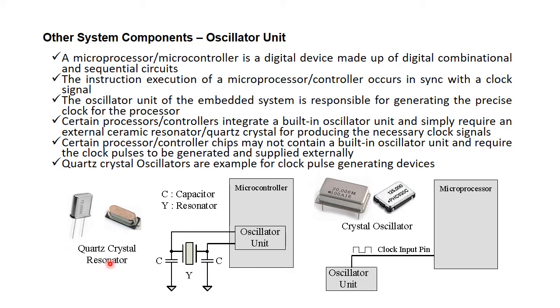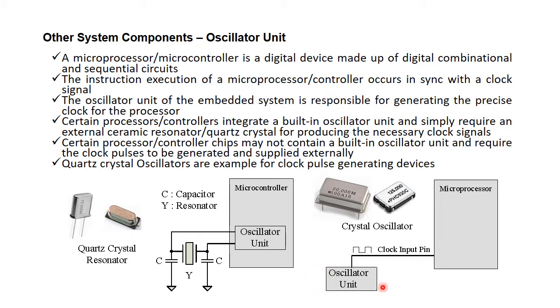Here we have the physical appearance of how a quartz crystal resonator looks, a discrete component. There are some crystal oscillators here. Here there is a microprocessor, and the microprocessor is also connected to an external oscillator unit.